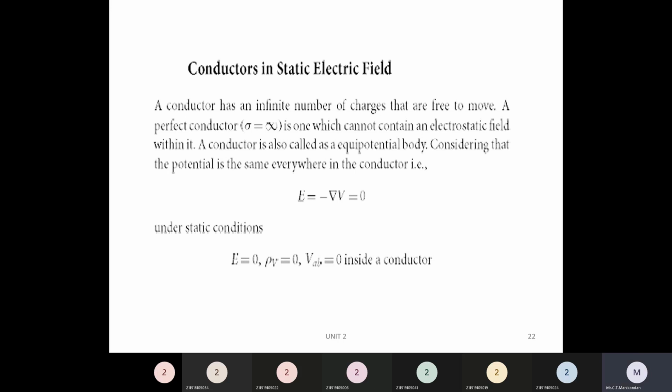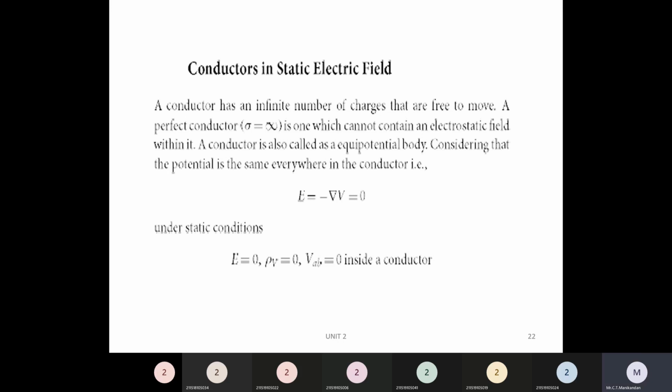It will not have any electrostatic field within it. That's an important statement. It will not contain any electric field within it. So we can say the conductor is an equipotential body.